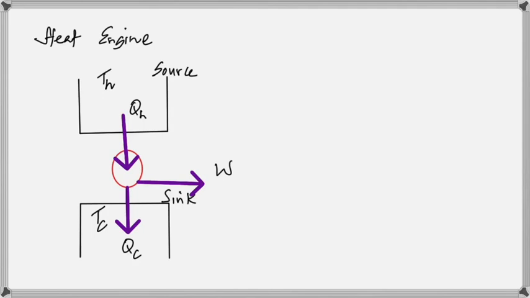So what's the relation between QH, QC, and W here? Well, of course, work is the difference between QH and QC. And the efficiency of Carnot's engine is defined in three ways.